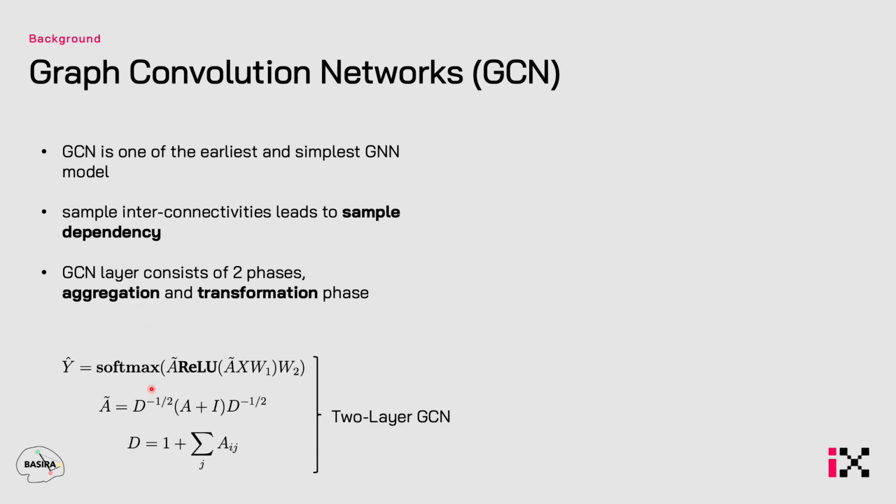Here is an example of a two-layer GCN, where A is the normalized adjacency matrix, and when we multiply A and X, it is essentially aggregating the neighboring embeddings, whilst multiplication with W is the transformation phase itself.